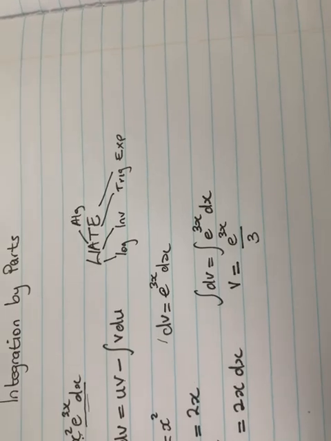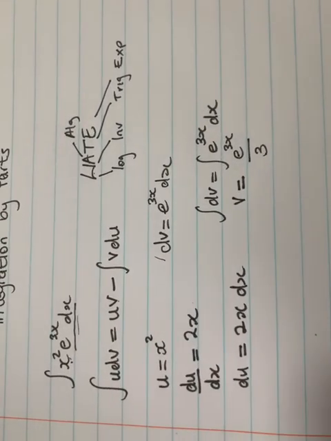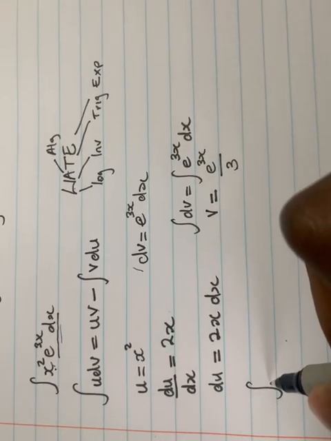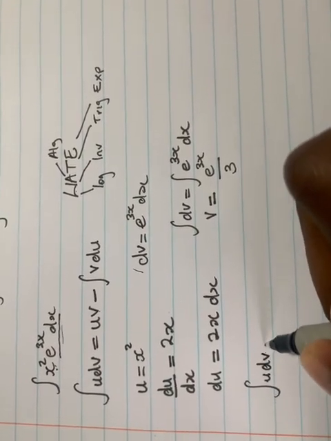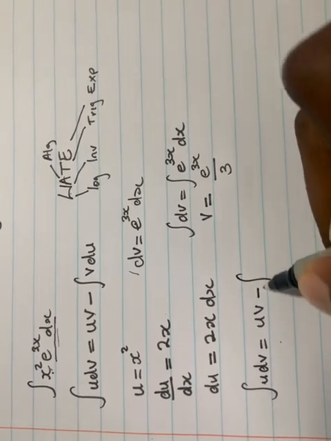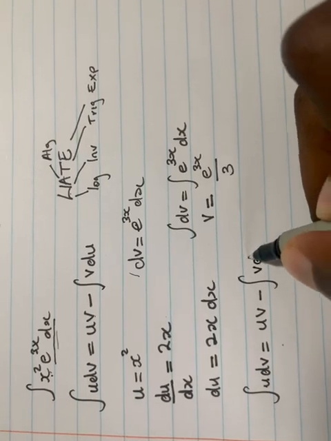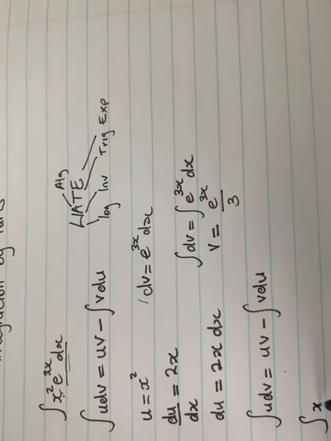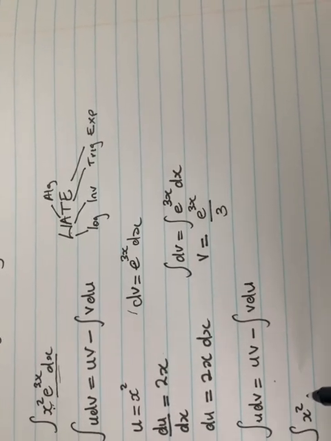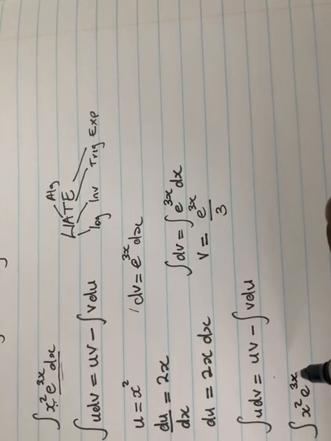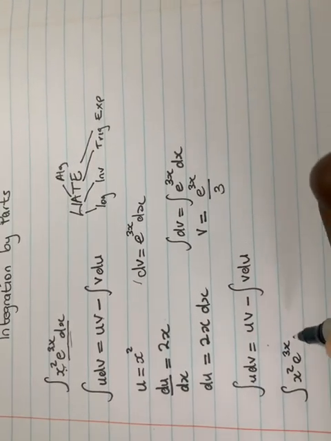Okay, now we need to go back and substitute in our formula, which is the integral of u dv equal to uv minus the integral of v du. So our u is x squared, and our dv is e to the power of 3x dx.